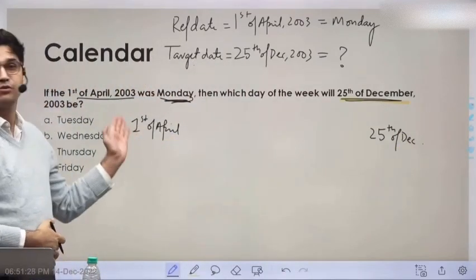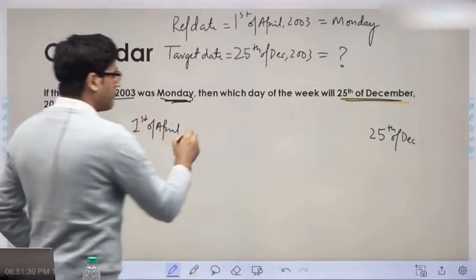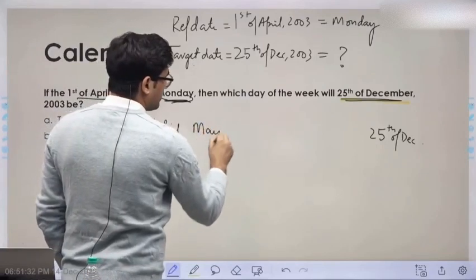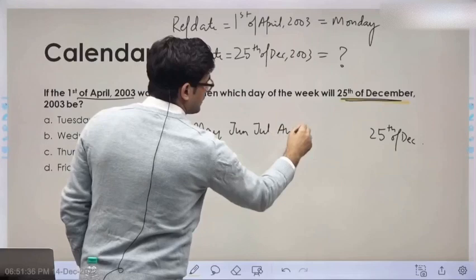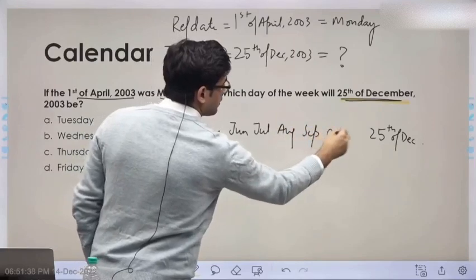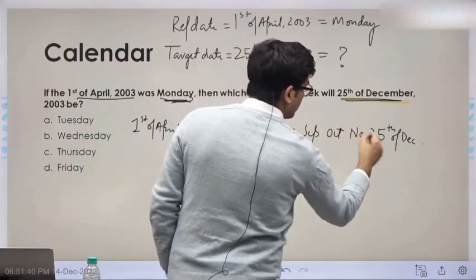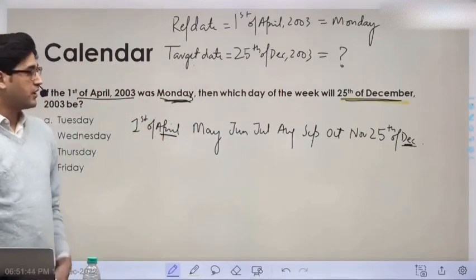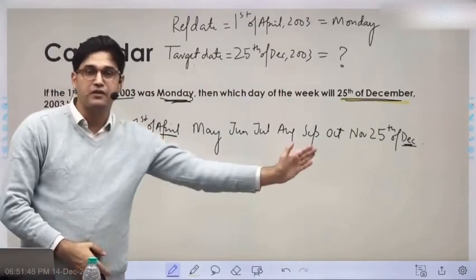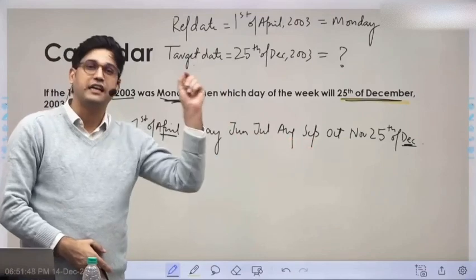We are starting from the 1st of April. How many months would have passed by? The month of May, the month of June, July, August, September, October, November, and then December. Right? If I find out the total number of days between these two dates, right, I divide it by 7.